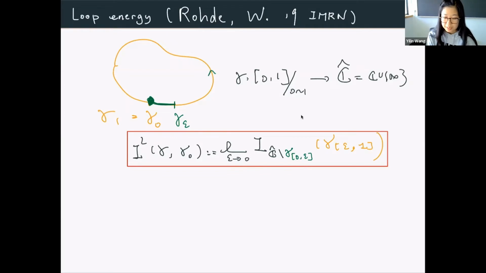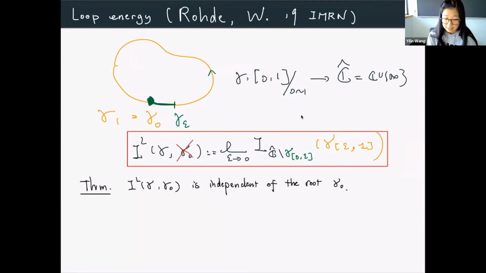But this loop energy has been introduced in a joint work with Steffen Rohde. And we prove that this energy actually doesn't depend on this root and also doesn't depend on the orientation of the curve. Therefore, this loop energy is in fact better viewed as an energy on this Jordan curve.